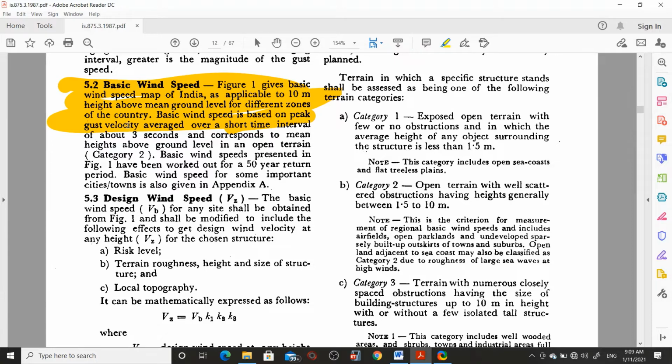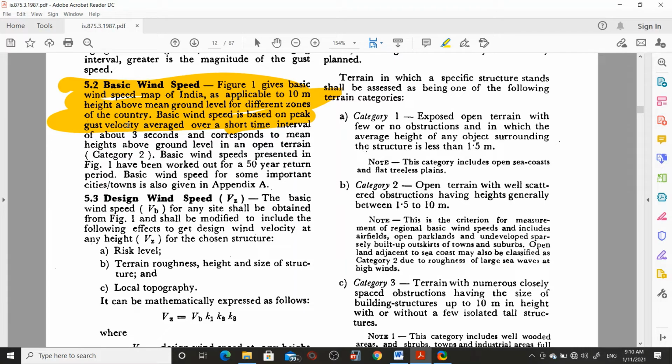Means basic wind speed is the average wind speed at some locality, which is applicable at 10 meter height from the ground level, right? And this basic wind speed changes at every location.